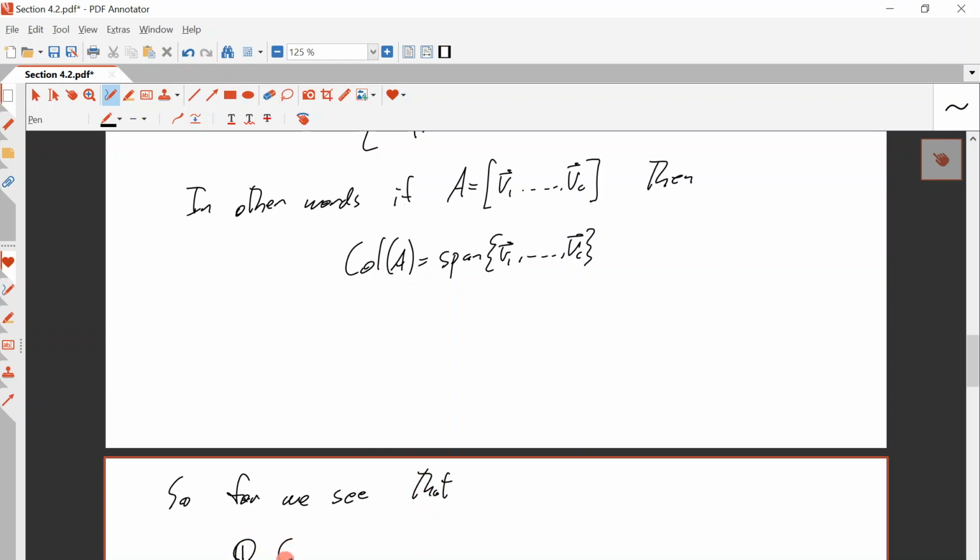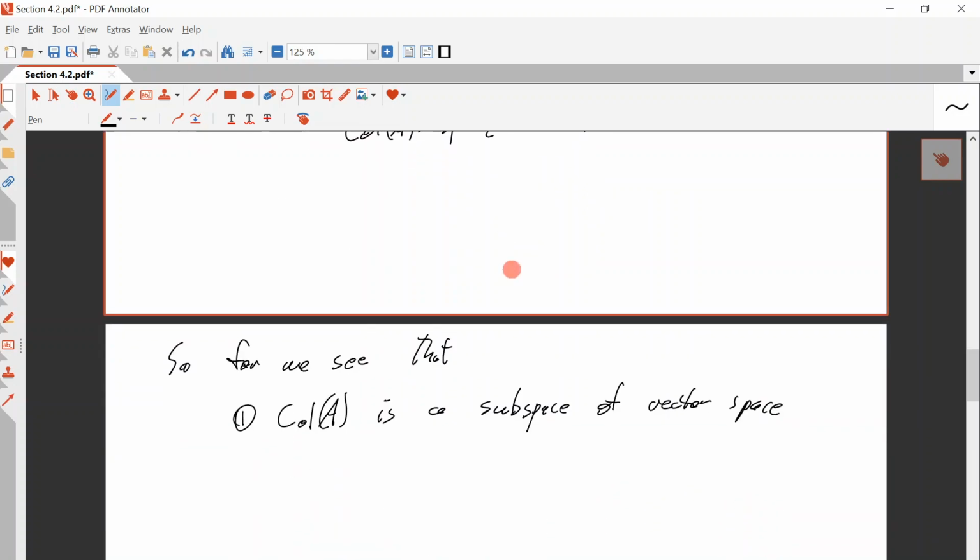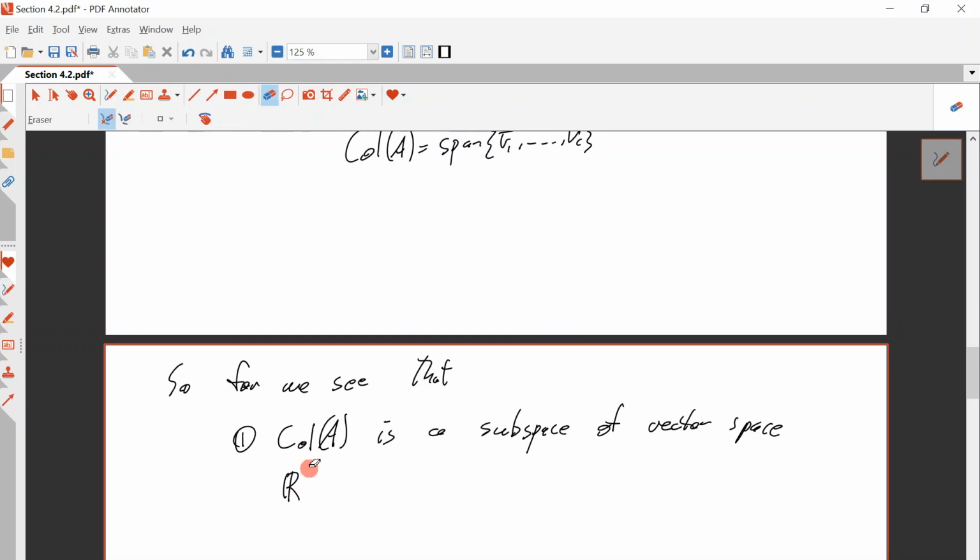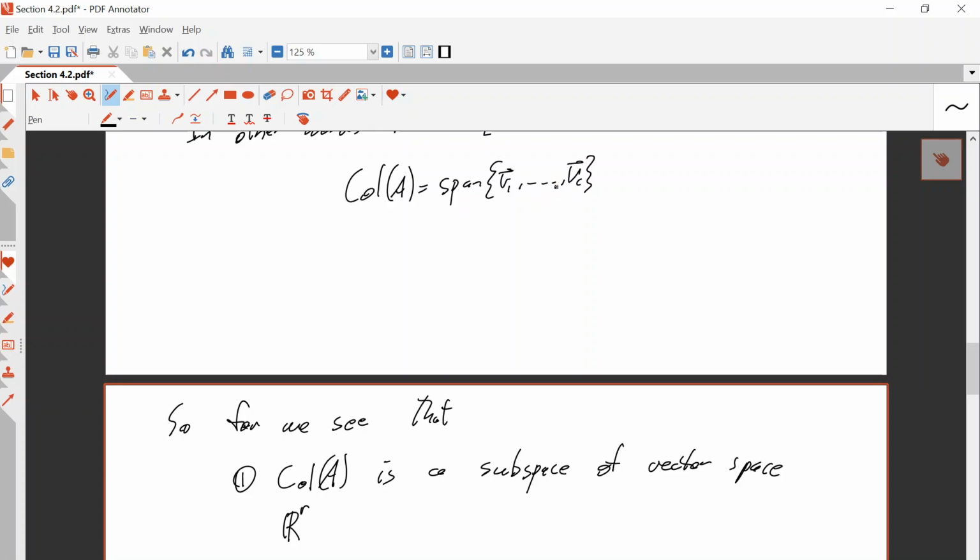The column space of A is a subspace of vector space R^R, the number of rows, because each column has R rows. It's a subspace because it's a span, and spans are always subspaces.